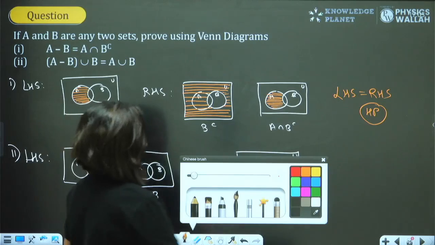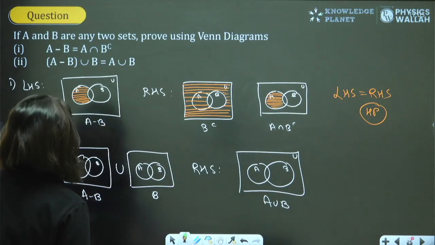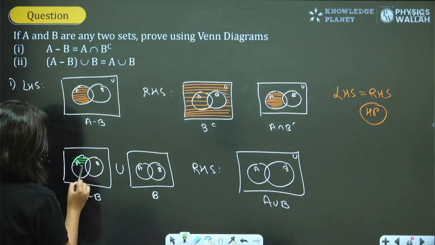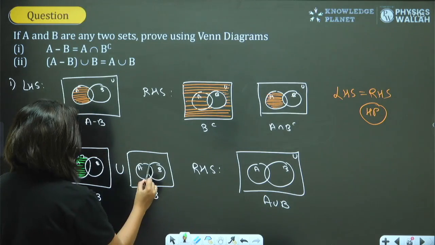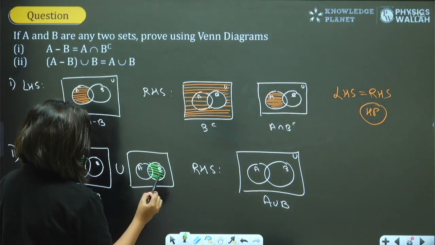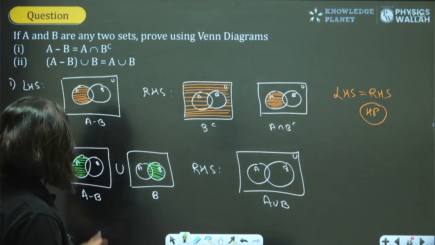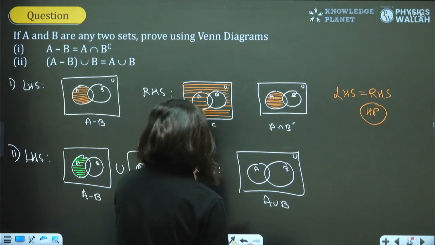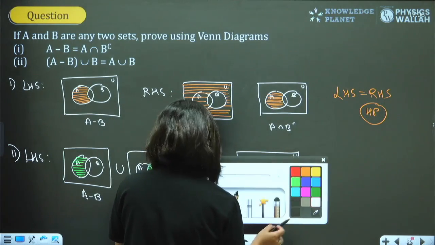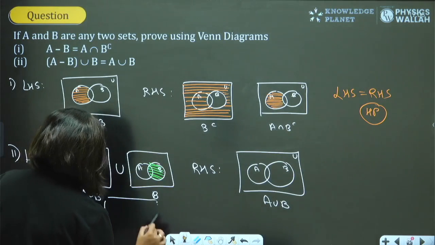Next question. A minus B, once again the same diagram. It's like a half moon. Then the B circle, the entire B circle, and I want its union also. Did I miss one diagram? Yes. Great.